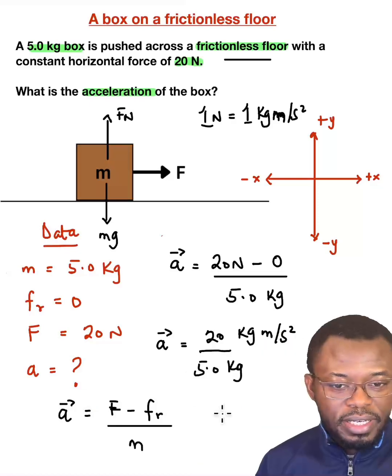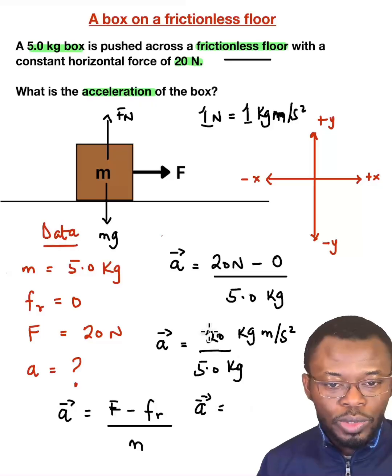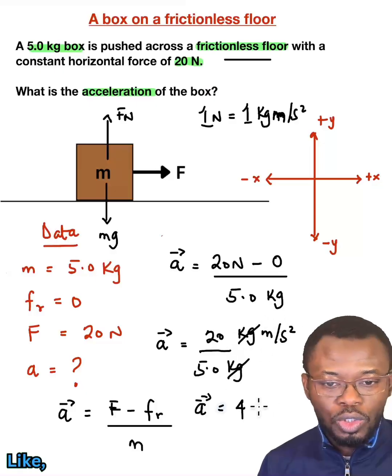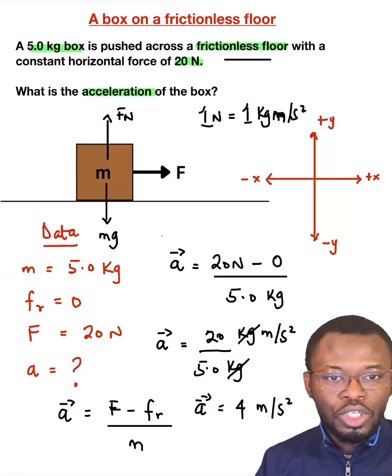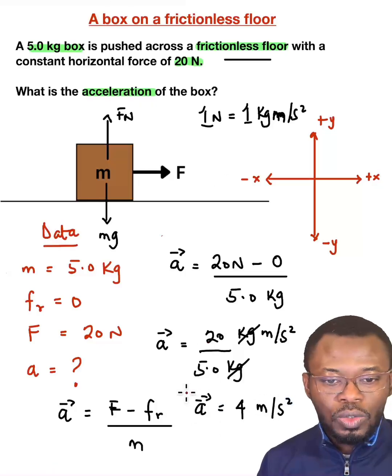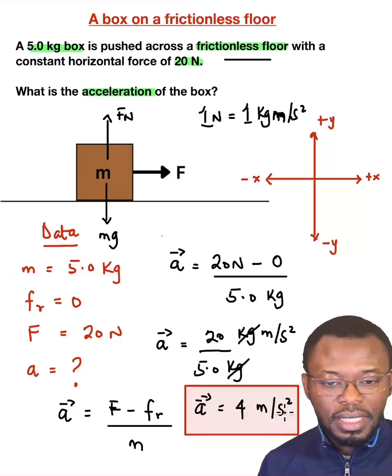Simplifying this gives us an acceleration of A equals 20 divided by 5, which is 4. In units, this kilogram cancels this kilogram, and we are left with meters per second squared, which is the unit for acceleration. So acceleration is equal to 4 meters per second squared.